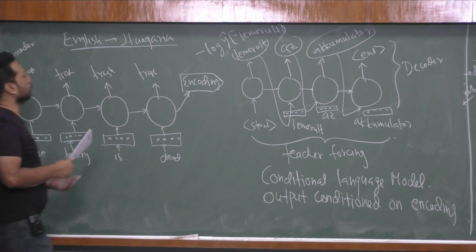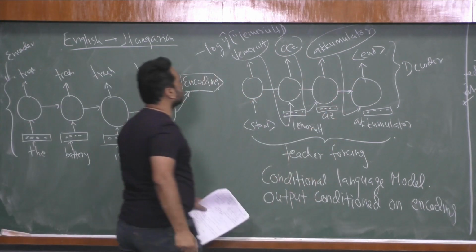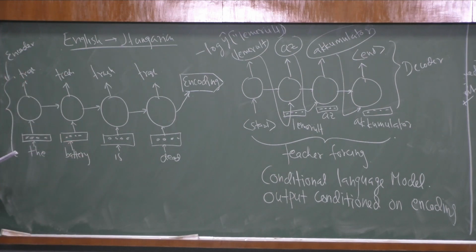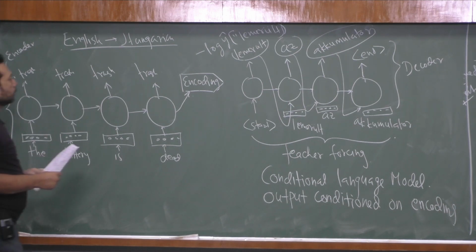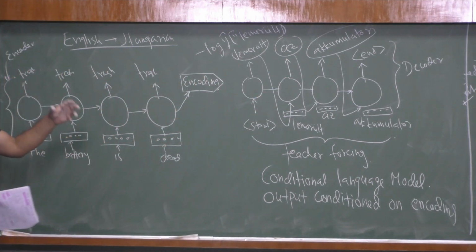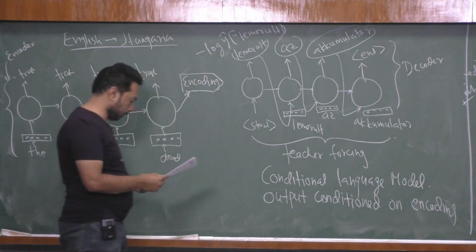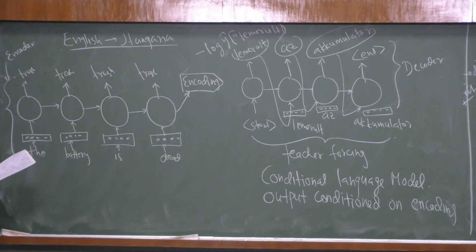Similarly, we can say the same thing, log of y hat of the next word, and so on. And based on this, we can combine all of these to make a complete loss function that will be used in the training. Okay, so basically the output that the decoder produces, and the output that is expected, will be compared in the loss, and that is something that will help us to train these networks.